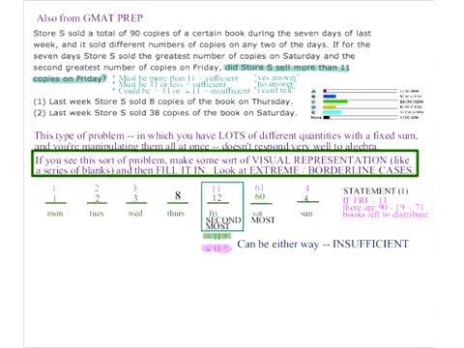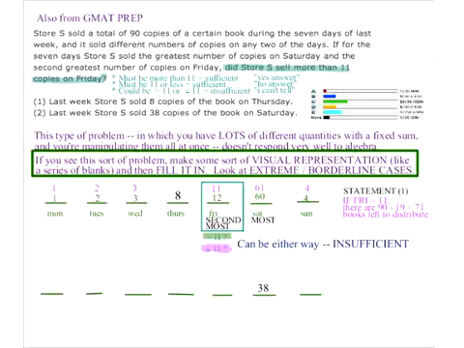All right, now let's try statement 2 and see how this winds up. Monday, Tuesday, Wednesday, Thursday, Friday, Saturday, Sunday. Okay, so now we've got to have 38 books on Saturday. That's still the most.